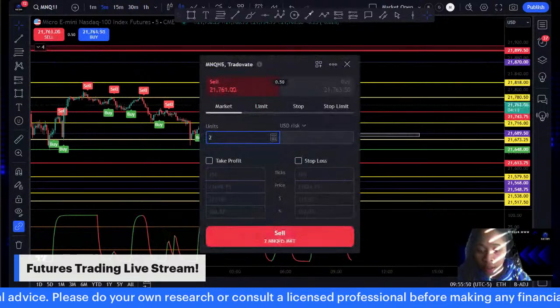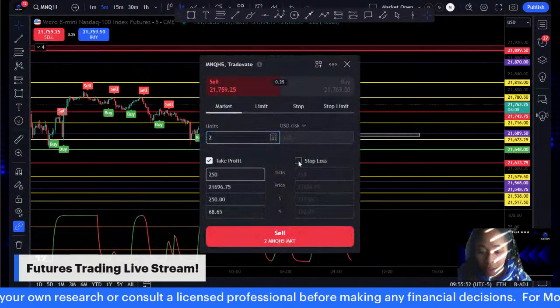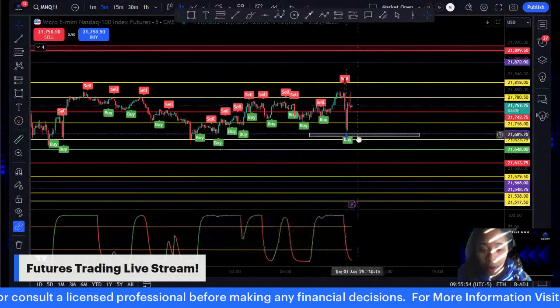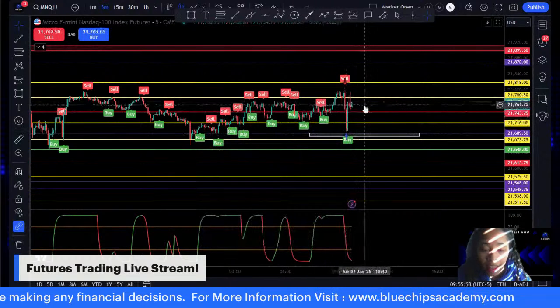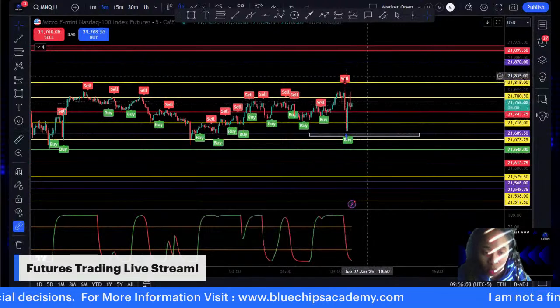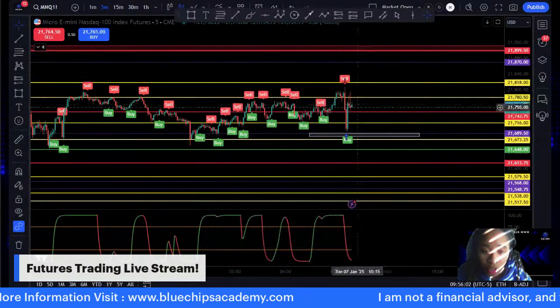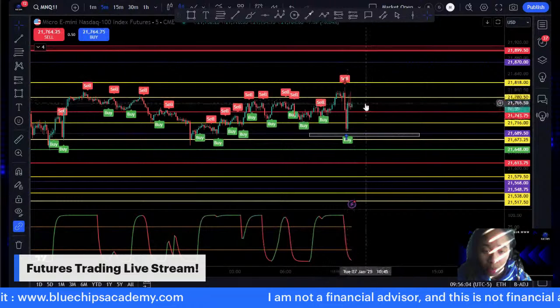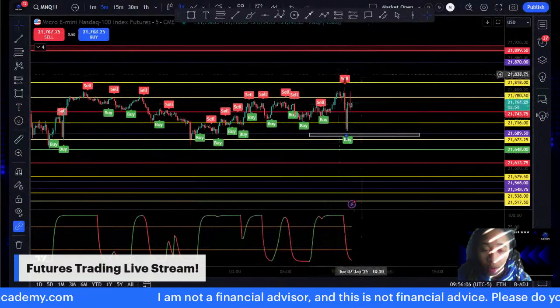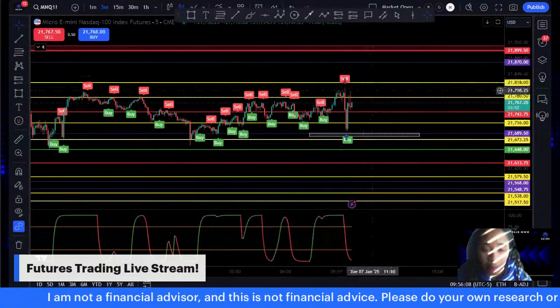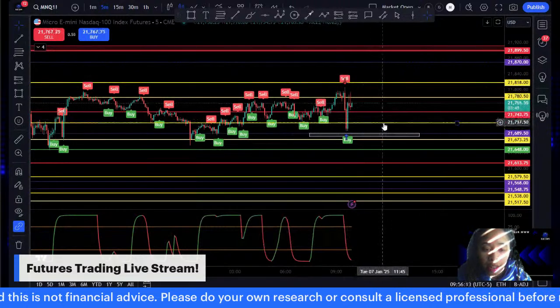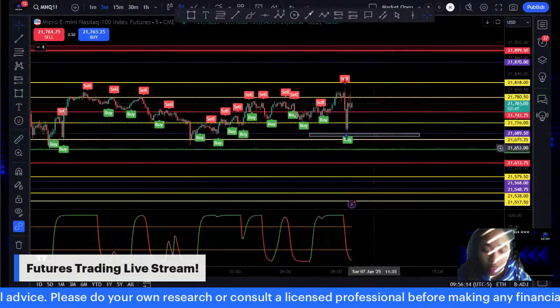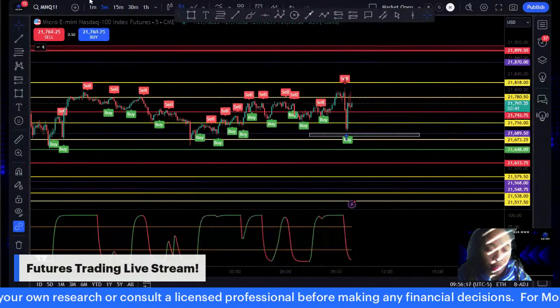I click 2 for 2 contracts, take profit, stop loss, sell. So they both have around the same entry point and the same stop loss. The only thing that's different is the take profit. Take profit 1 is at a shorter distance, and take profit 2 is at a further distance. That's the difference there.